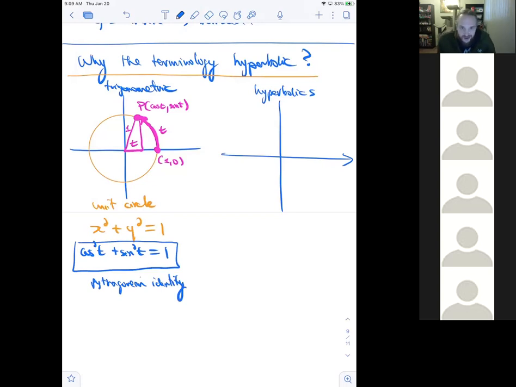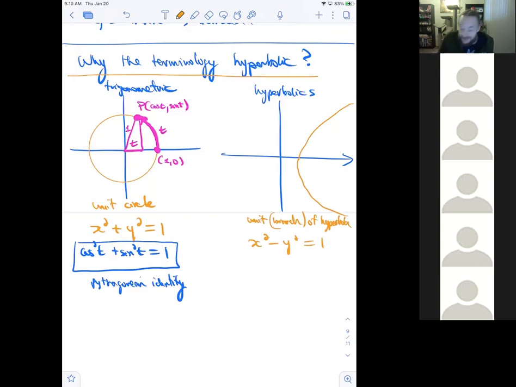So why are they calling it hyperbolic? Einstein notices that this is the hyperbola, and its equation is x squared minus y squared equals 1.